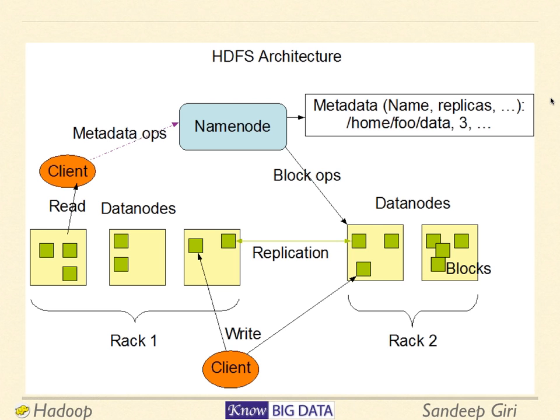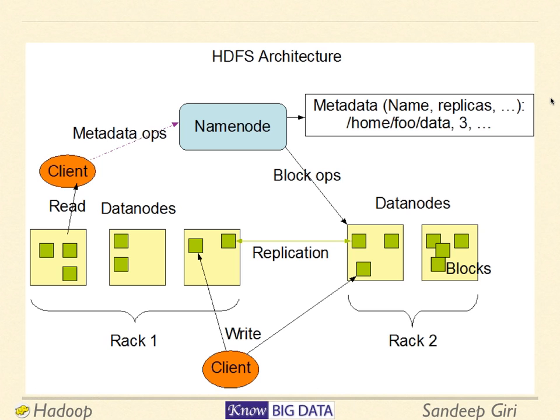The other nodes or machines are considered data nodes. Their job is to read or write the data from the disk.